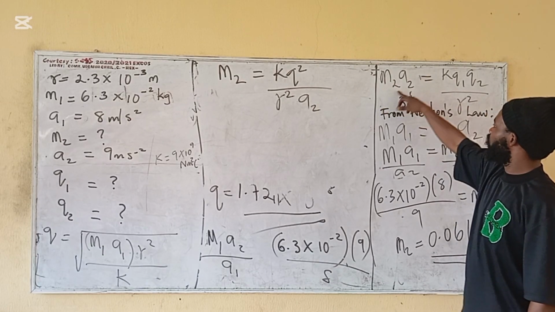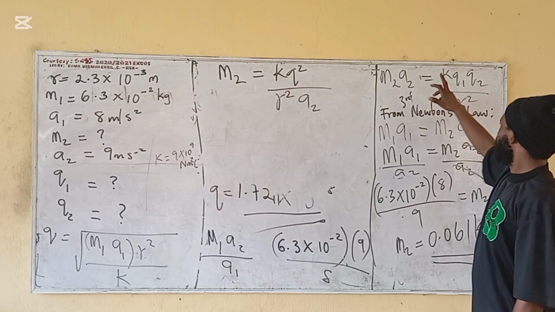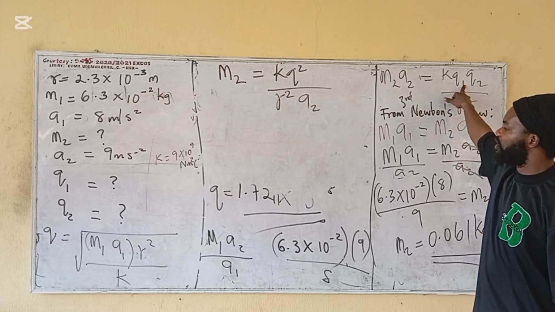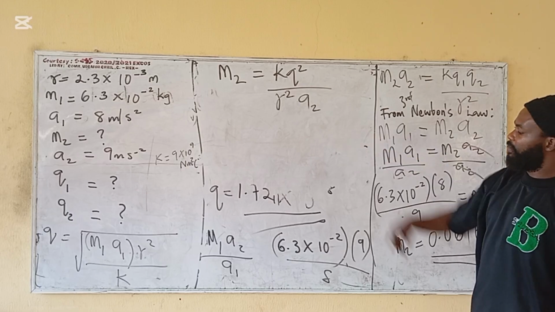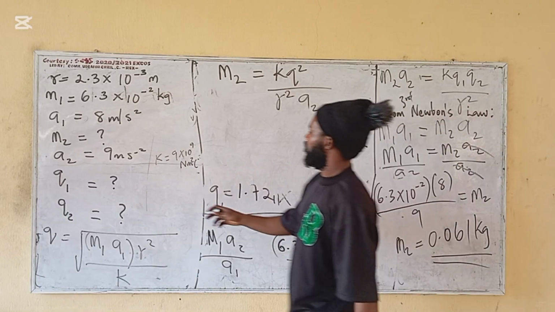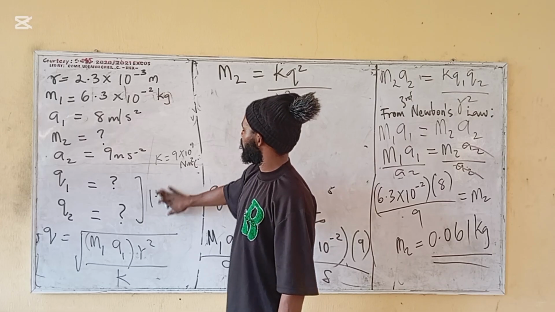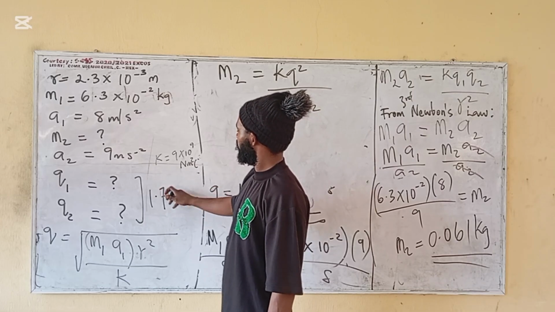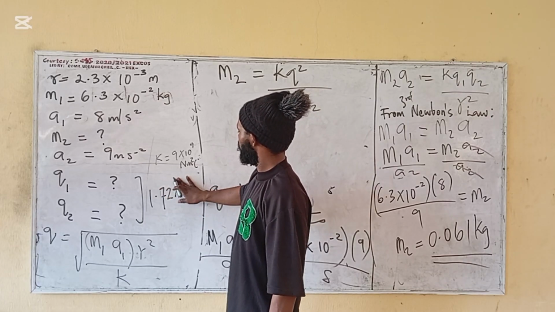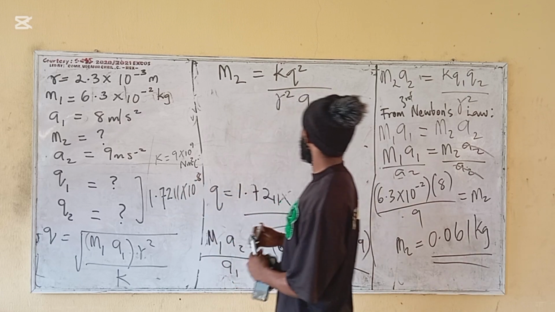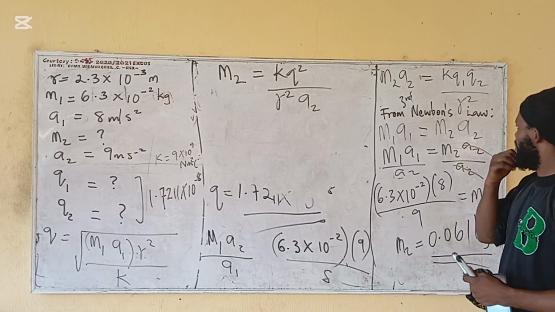See, I'm doing M2 A2 squared equals to K squared R squared. And we know that the Q we've gotten is the same thing for all of them now. Shebi, we got Q to the what? Give me the value we got for Q. 1.7211 times 10 raised to minus 8.